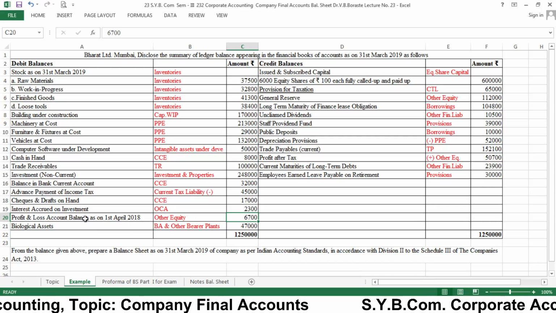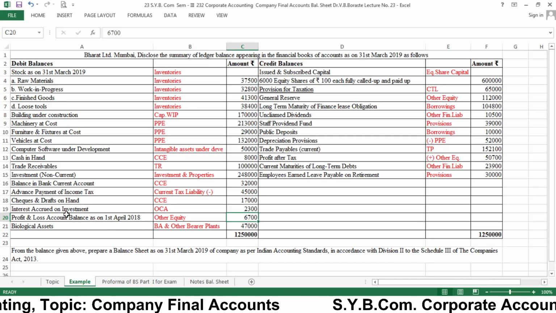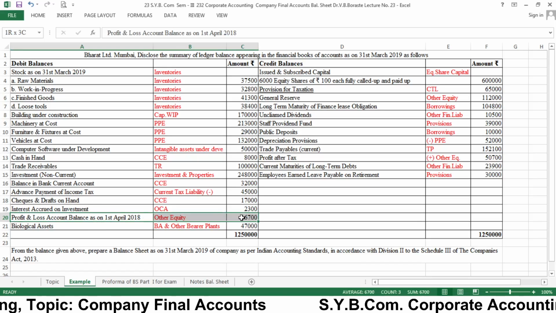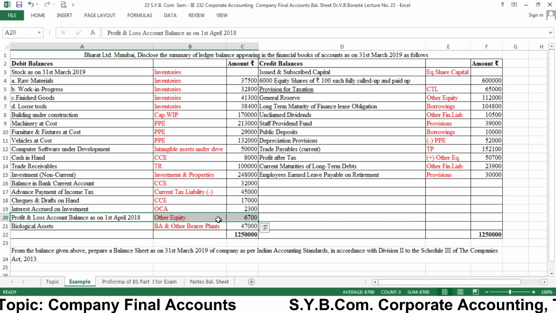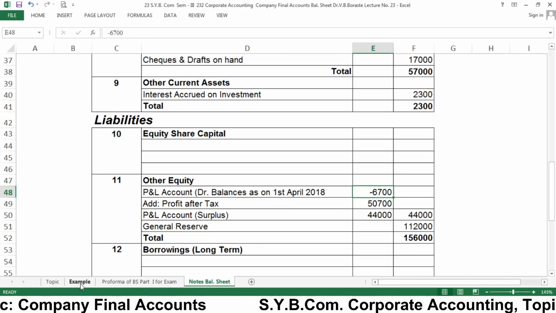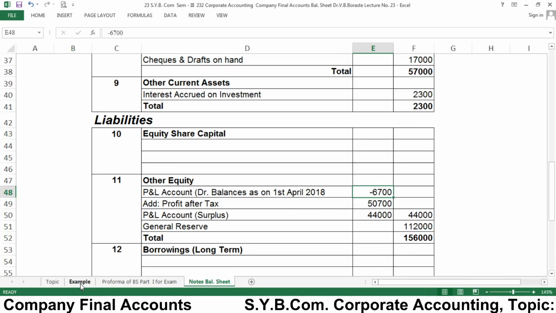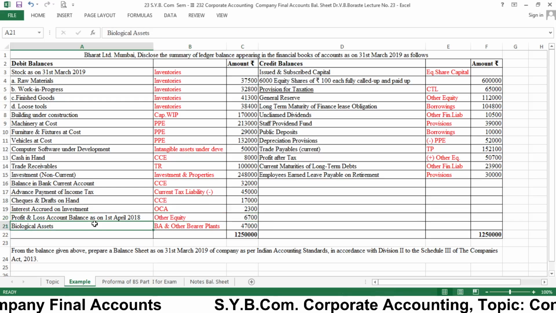Debit balance means it is given on the debit side. That means it is a loss, so it has to be deducted from the credit balance.